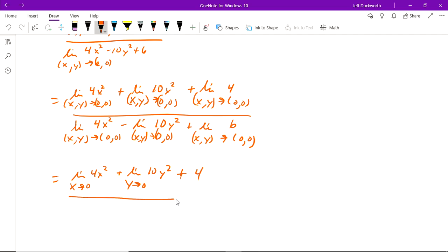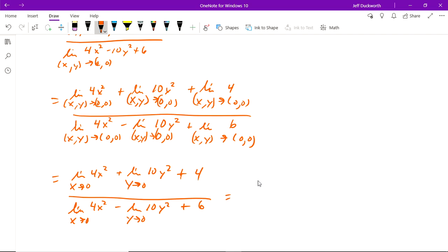So I've evaluated the limit of that piece. And similar with the denominator, we've got an x squared, minus, that's subtraction, I'm sorry. And again, 6 evaluated anywhere is still going to be 6.